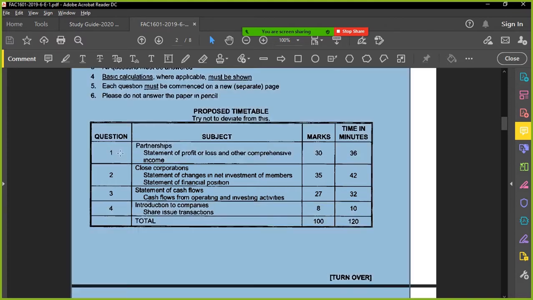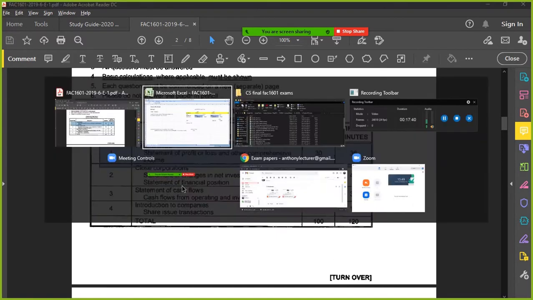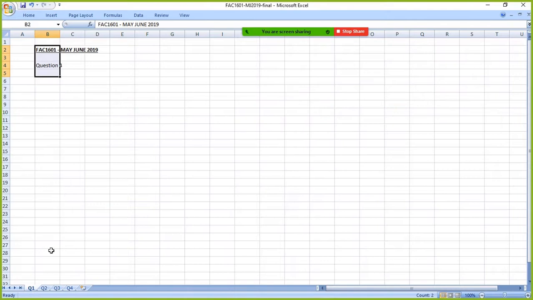So obviously I'm going to do 2 of the 4 questions now. I'm going to do question 1 quickly now. Question 1 is the statement of profit and loss and other comprehensive income.